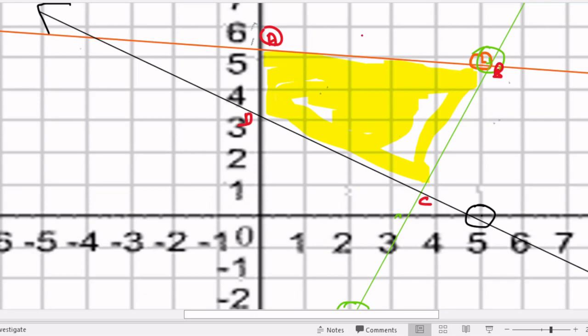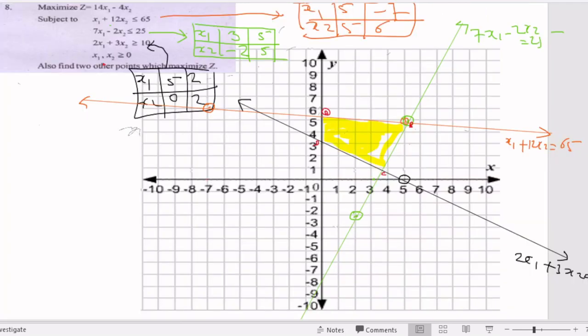Looking into these graphs, you can find them, but it's very difficult. So do one thing, as I stated earlier in the previous questions, you have to solve two lines to get the exact points. Okay, so see here, to get this particular point, you need to solve the y-axis line and the black one.